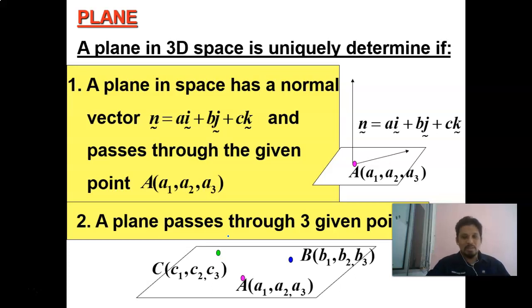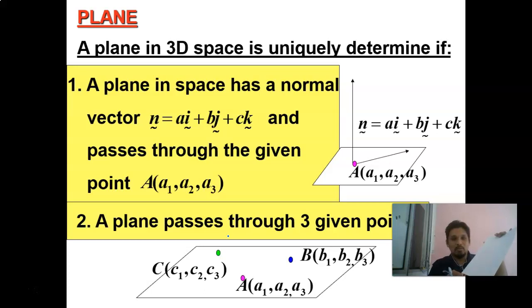Just imagine that we are talking about vectors in 3 dimensions, with x-axis, y-axis, and z-axis. Then given to us 3 points, just imagine that there is a coordinate of A here, and this we call the position of the plane.